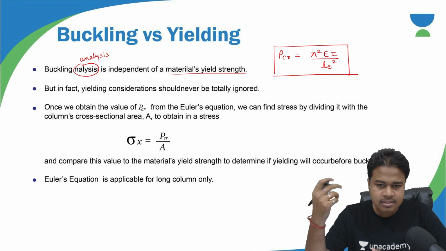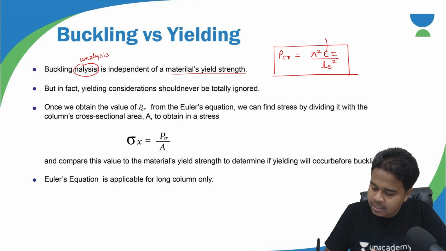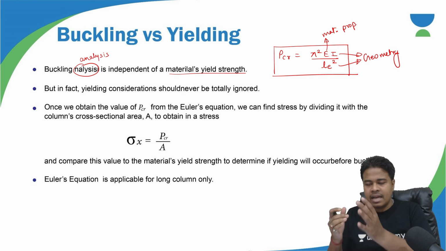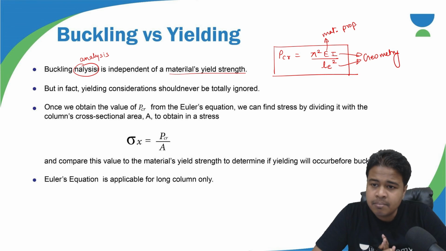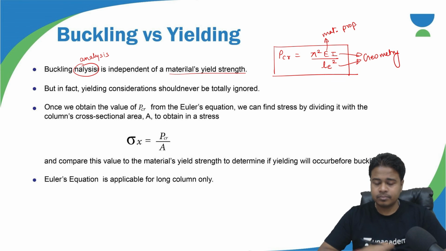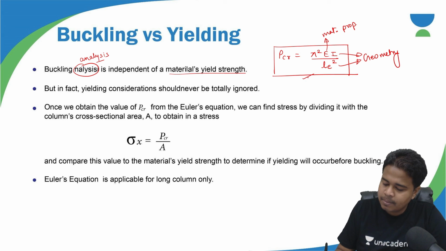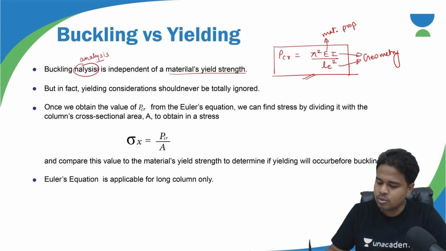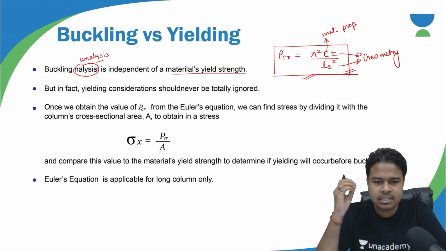So you can see here P critical depends upon the material property. E is the material property. I and L effective are the geometry of the column. So this is the buckling analysis result. So it is independent of the yield strength, because nowhere do you find yield strength.